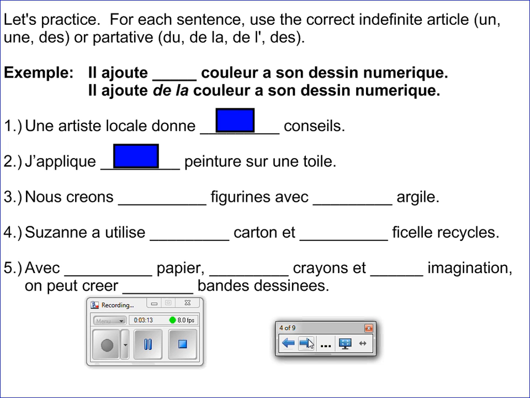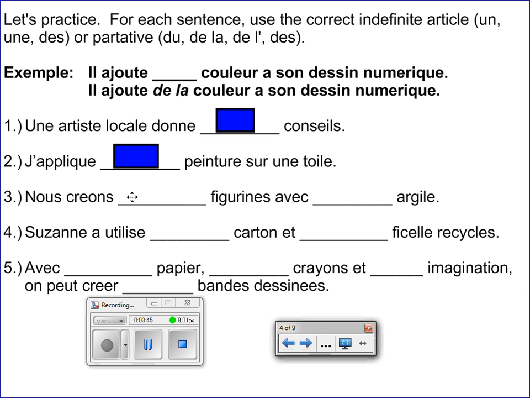So for an example here, we have: Il ajoute blank couleur à son dessin numérique. And couleur is not something which we can measure or count so easily. Couleur is a feminine word, so we would use the term de la. Il ajoute de la couleur à son dessin numérique.